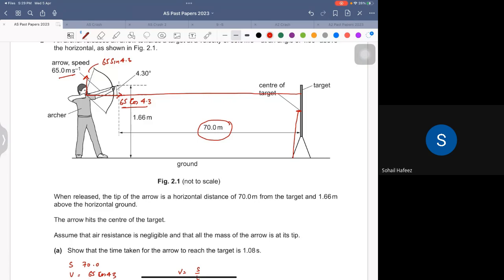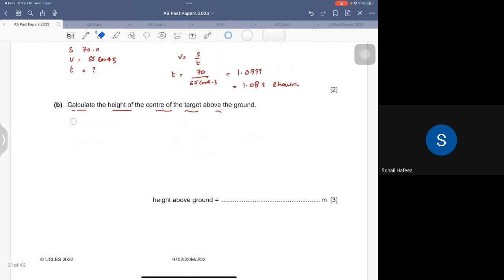So we're gonna use the vertical because we want the vertical height. We use something vertical to find this, and they have this height already given to us, and if we find exactly where the arrow would hit the target, we can somehow do this. So I'm gonna write for vertical. You always write SUVAT.